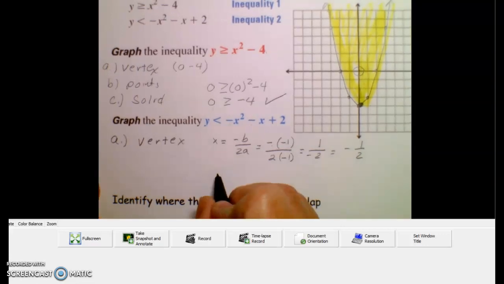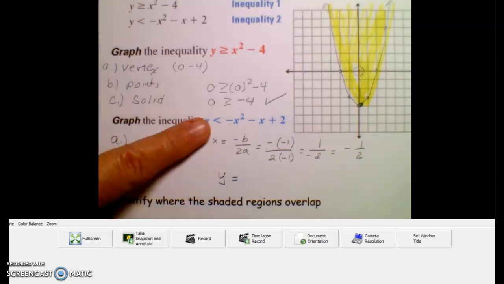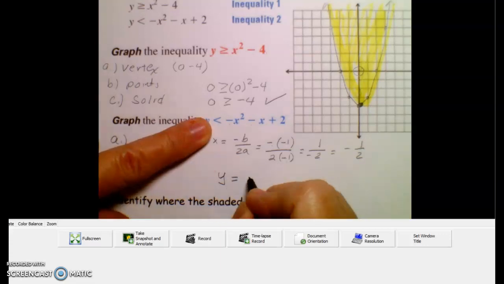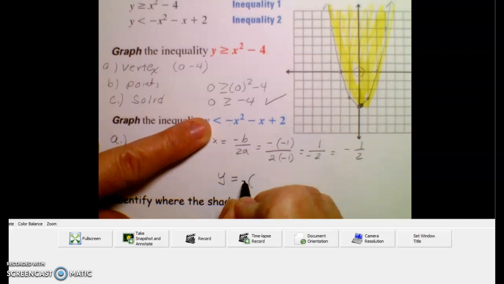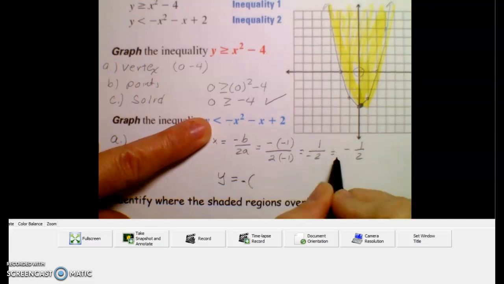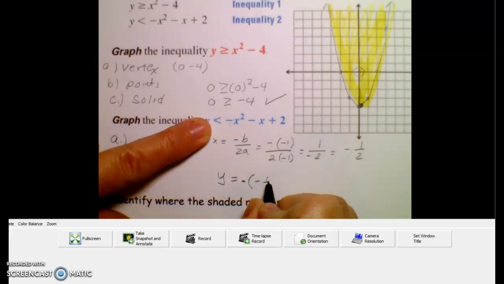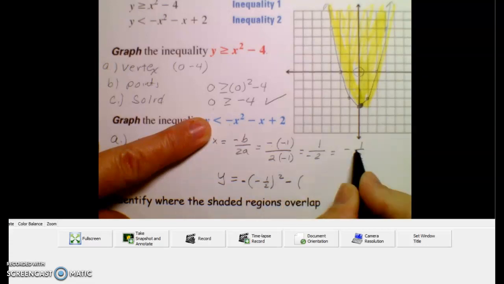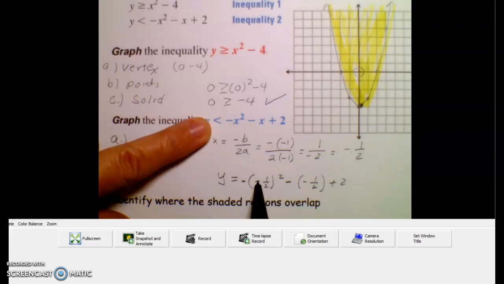Okay, I want my y value. So I'm going to write down my equation, which is here, parentheses, minus, this is -1/2, minus, parentheses, -1/2, plus 2. If I square a negative, I get a positive.